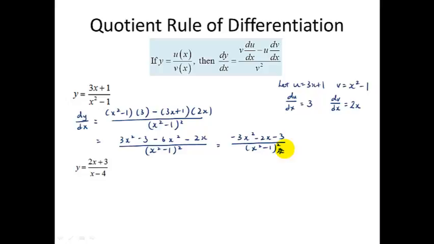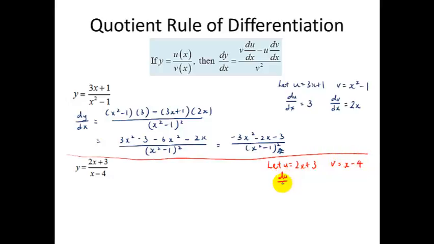Let's try another example. Here you have another quotient, and I'm going to differentiate it, so I'm going to use the quotient rule again. So I will let u be the numerator and v be the denominator. I differentiate u with respect to x. I differentiate 2x plus 3 with respect to x, I get 2. Differentiate v with respect to x. Differentiating x minus 4 gives me 1. I'm ready to do dy/dx.